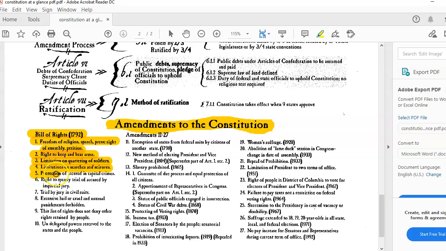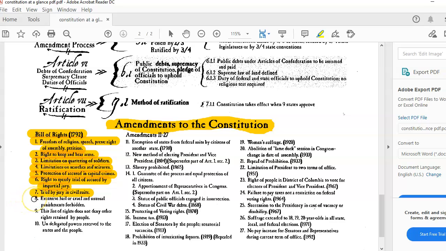Amendment 5, protection of the accused in capital crimes, so that's criminal crimes. Number 6, right to a speedy trial if accused, and then having an impartial jury. Number 7, trial by jury in civil suits, which are different than criminal suits.